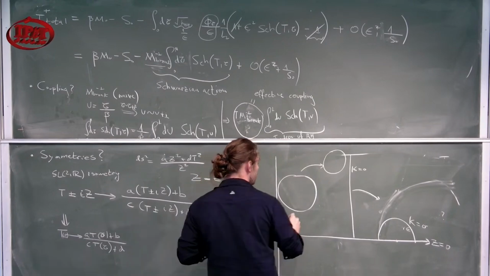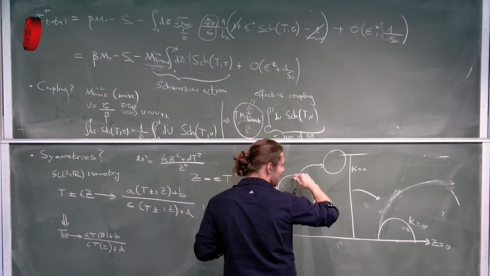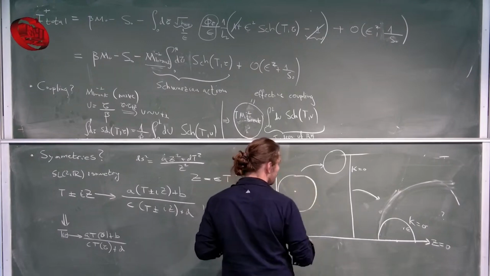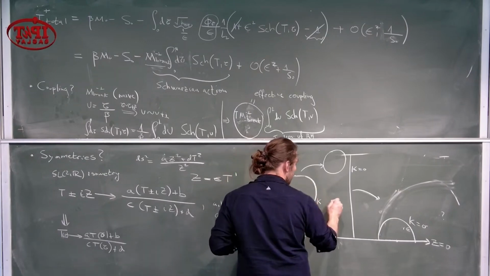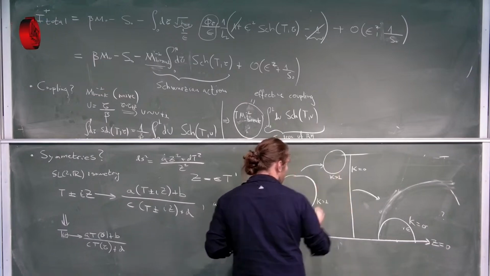Circles that are entirely contained within the upper half plane have extrinsic curvature bigger than 1.